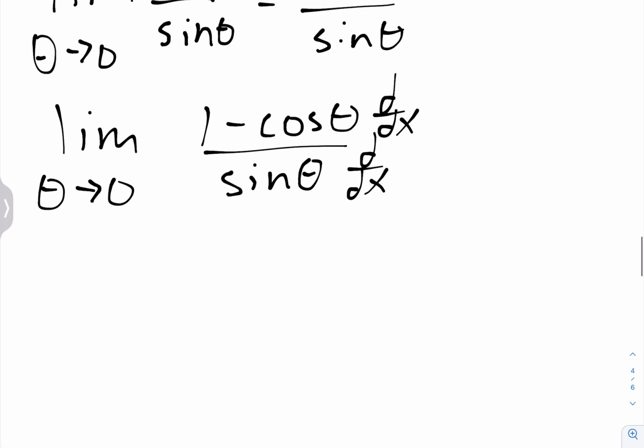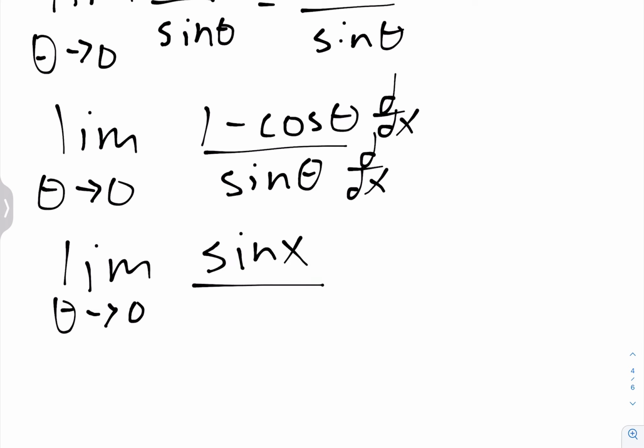Now we're going to get the limit as theta approaches 0. The derivative of 1 is just 0, so we're going to get negative times the derivative of cosine, which is negative sine. So we're going to get positive sine divided by the derivative of sine on the bottom, which is just cosine. So this is just tangent.